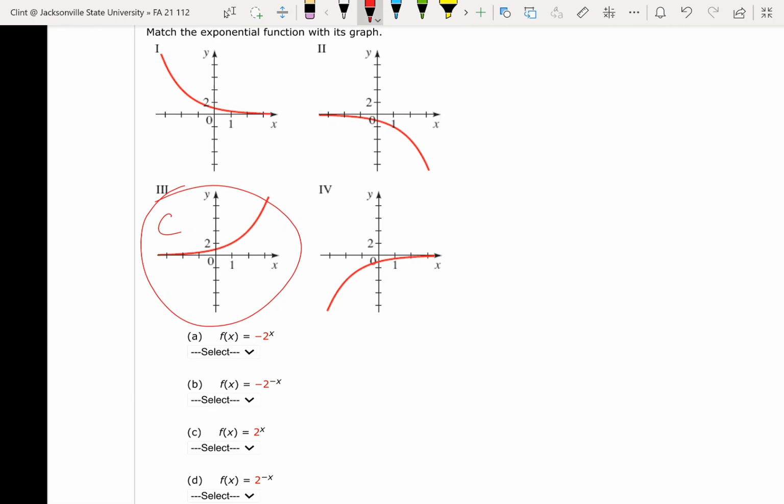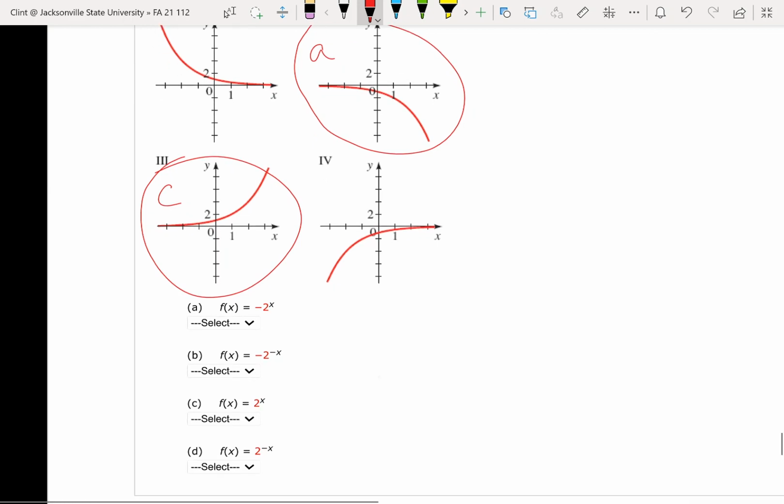If we put a minus sign out in front of the whole thing, that's going to flip it upside down. X-axis reflection. So this one will be A.